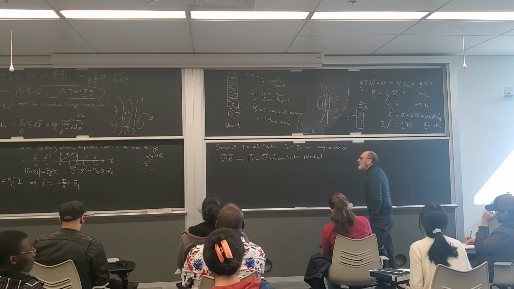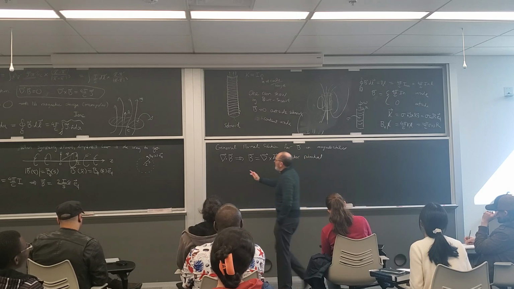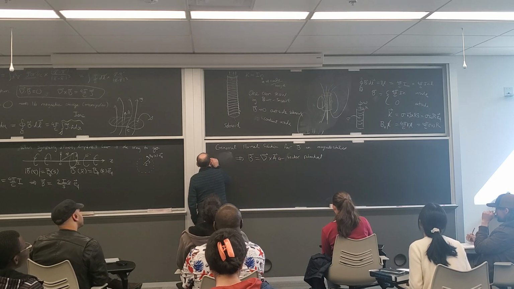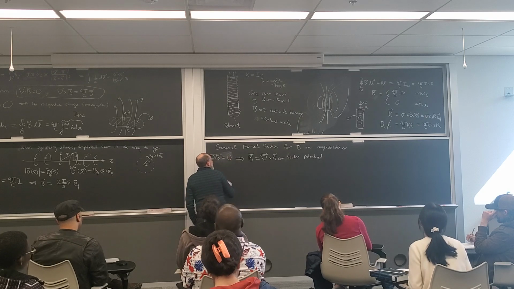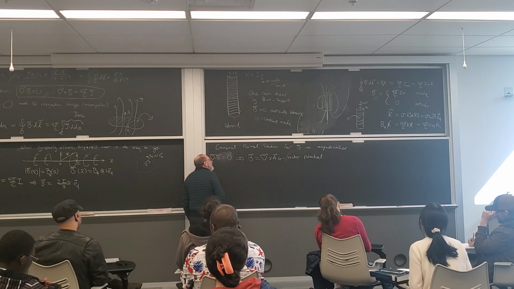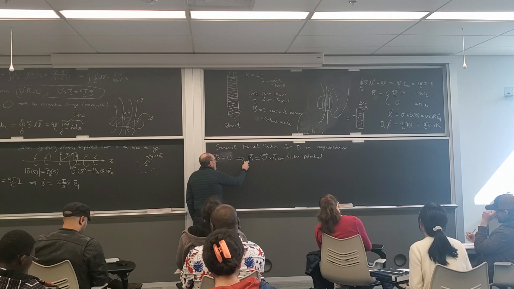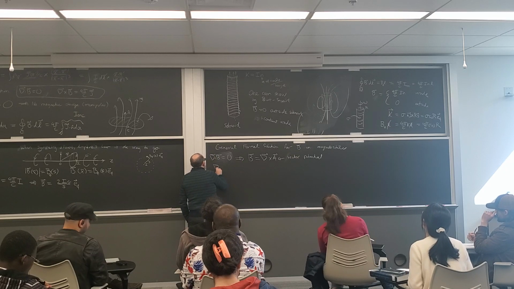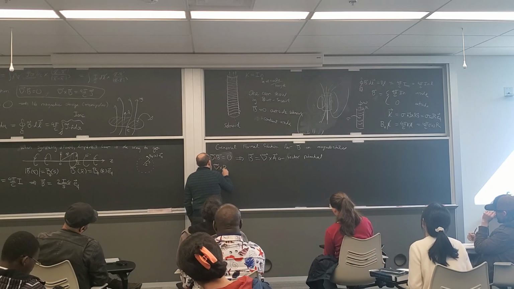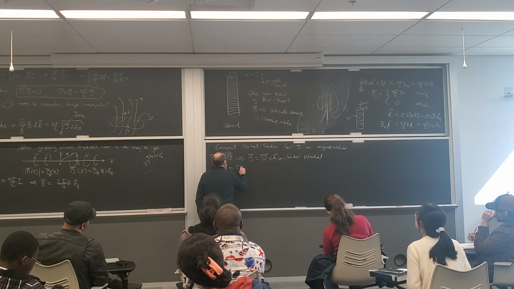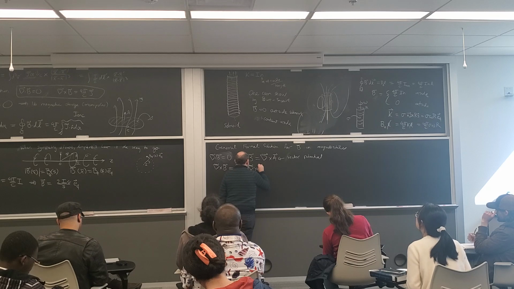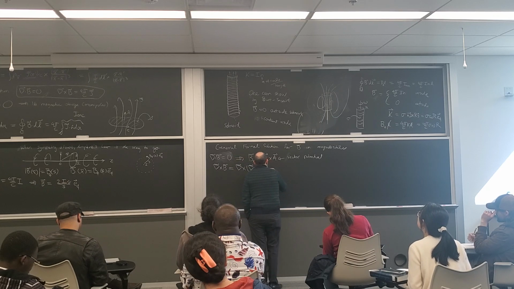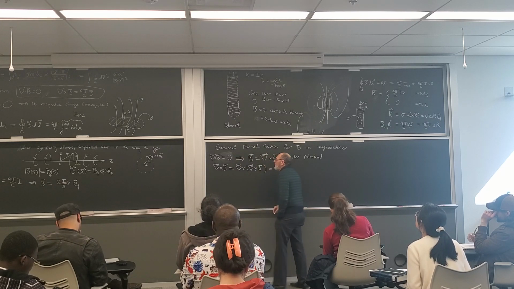And given that the divergence of B is 0, it implies that. So given this way of expressing the magnetic field, it tells us that the curl of B is the curl of the curl of A, which is what?